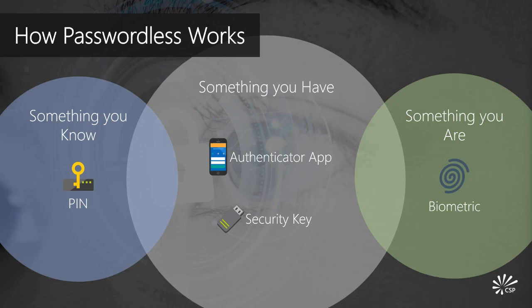Remember, MFA is a combination of at least two of three things: something that you know, something that you have, and something that you are. In this case, the main thing that we're using is something that you have. That's the authenticator, whether it's the security key, the authenticator app, or the TPM chip in the device you're trying to authenticate from. There's something physical that you have.